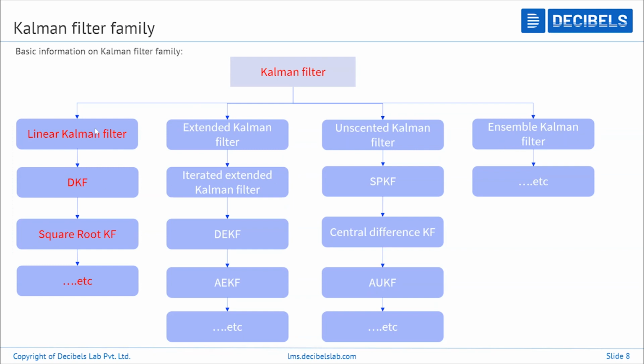In their respective groups, they have variants like DEKF, which is the dual Kalman filter, square root Kalman filter, and a lot more. And extended Kalman filter, iterated extended Kalman filter, dual EKF. EKF is nothing but extended Kalman filter. And AEKF, that is adaptive extended Kalman filter, etc.